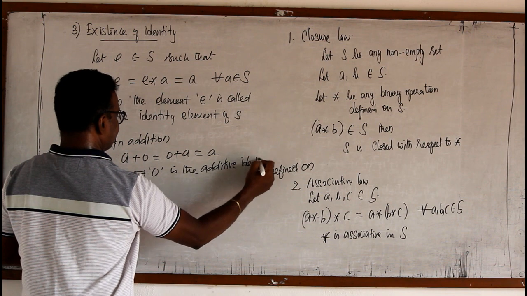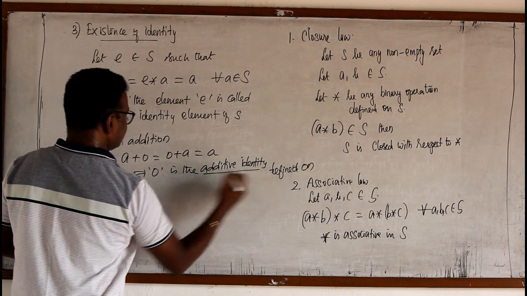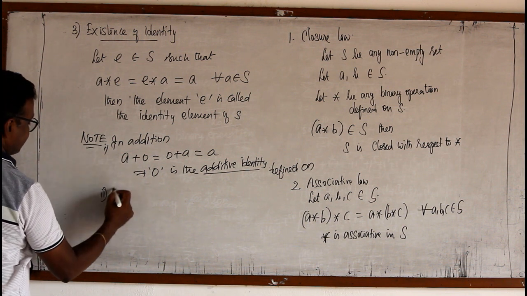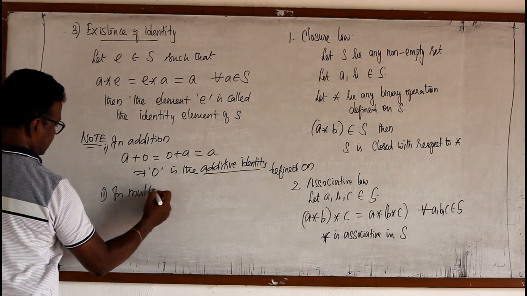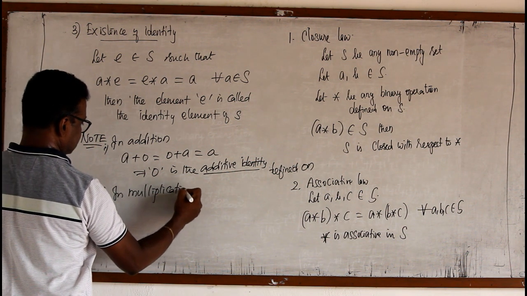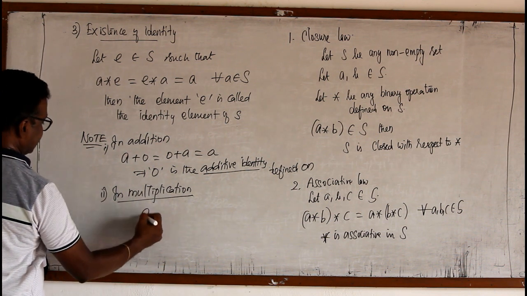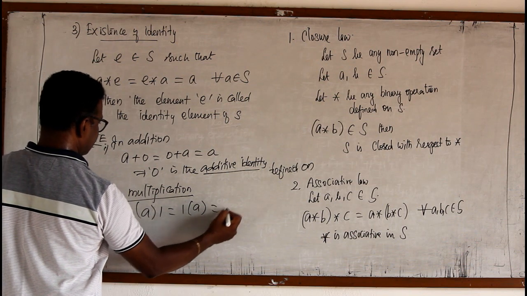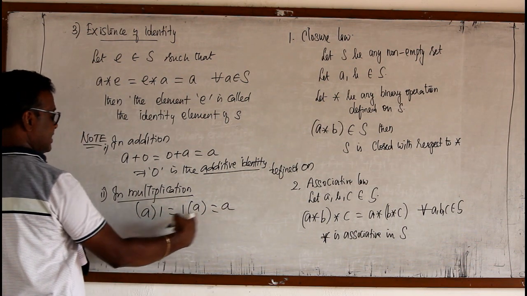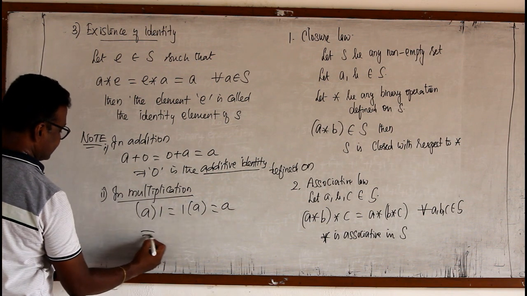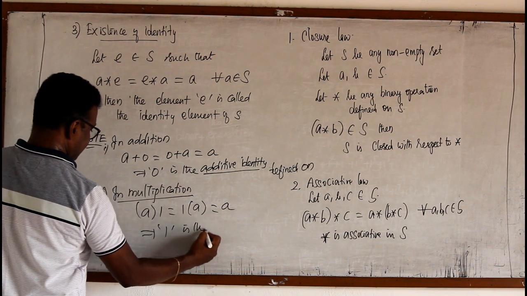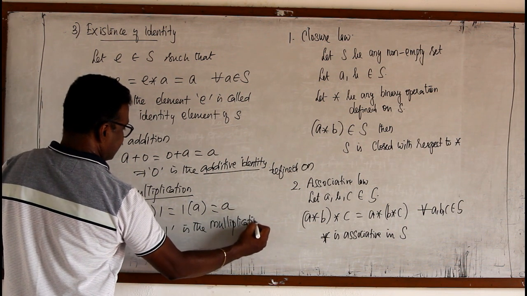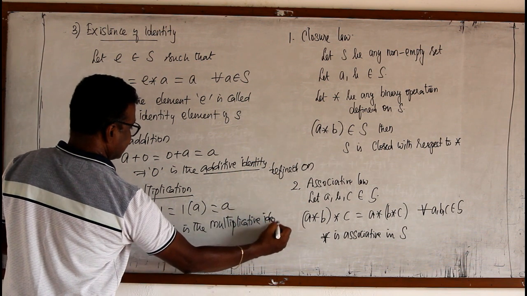Similarly, if the operation is multiplication, if I multiply A with 1 or 1 into A, the answer will be A. See, 1 is not getting involved in the multiplication. Therefore this 1 is the multiplicative identity.